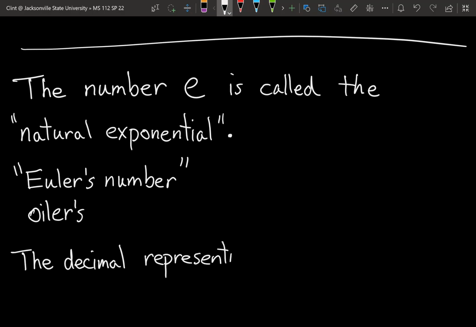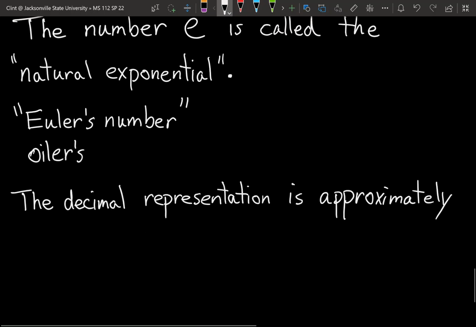We try to write it as a decimal representation. So pi we round to 3.14 a lot. If we round e to 2 decimal places, we would call it 2.72.